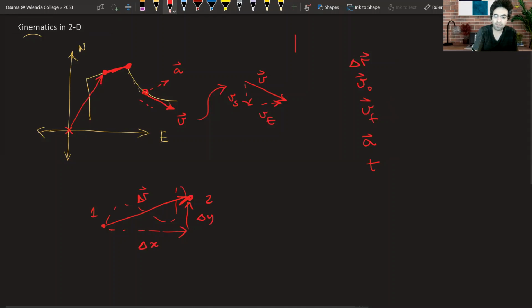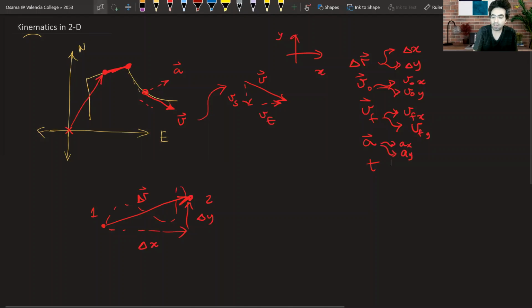So let's say I have some x and y coordinate system in which I'm going to be describing these. Then that means that this one would have an x and a y component. The initial velocity would also have initial velocity in the x, initial velocity in the y, and so on. Final velocity in the x, final velocity in the y, the acceleration in the x, and the acceleration in the y.